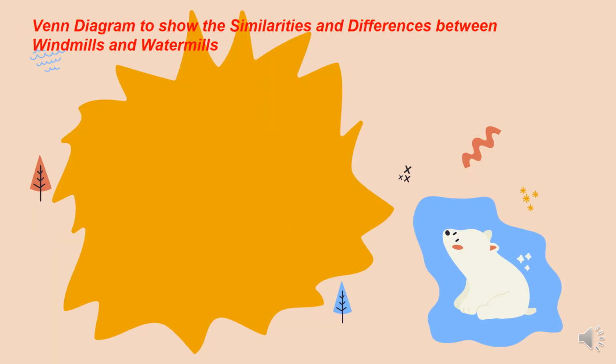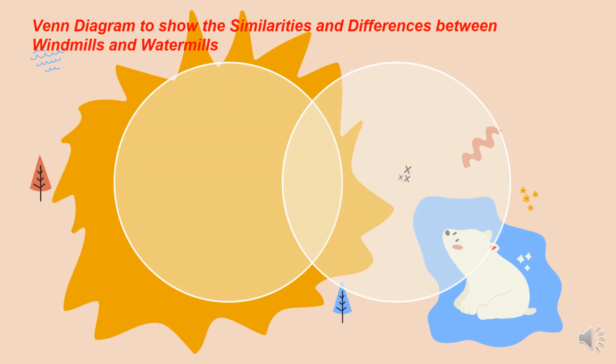And now, grade 4, we are going to summarize the similarities and differences between the windmills and watermills again, but this time by using a diagram called a Venn diagram. Who can tell me again? This time, which energy do the windmills use to generate electricity? Excellent, grade 4. It uses wind energy.